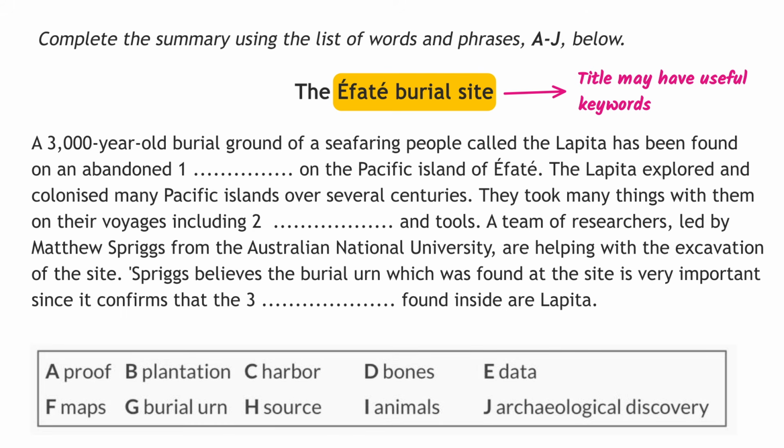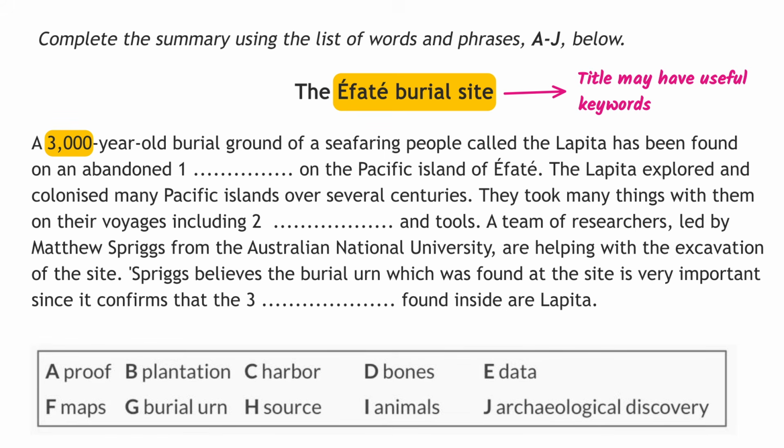Now, we start by finding the keywords. We start by finding the easiest keywords first. As you can see, for the first one, there is a date, 3,000-year-old burial ground. This date is a very good keyword, so we can find it easily in the text, all right? And we are going to answer this question first.